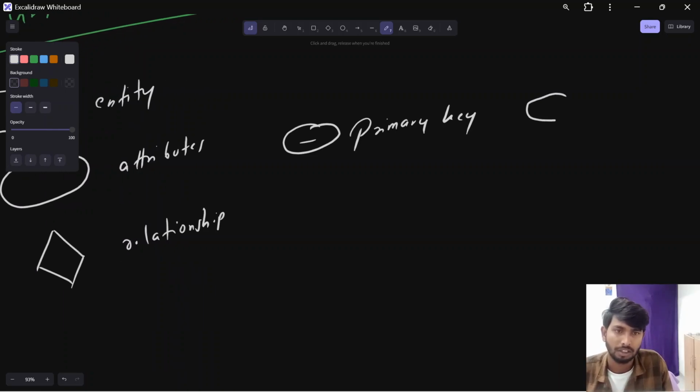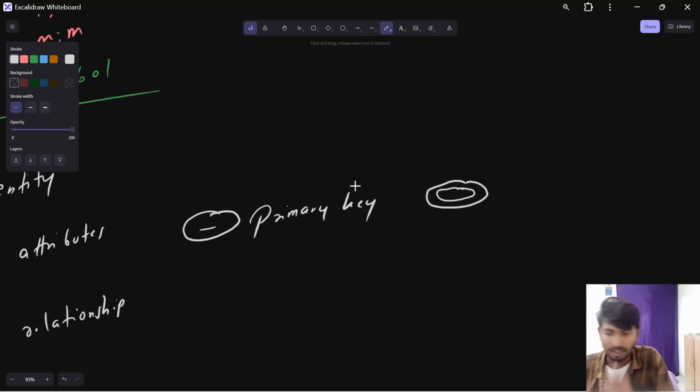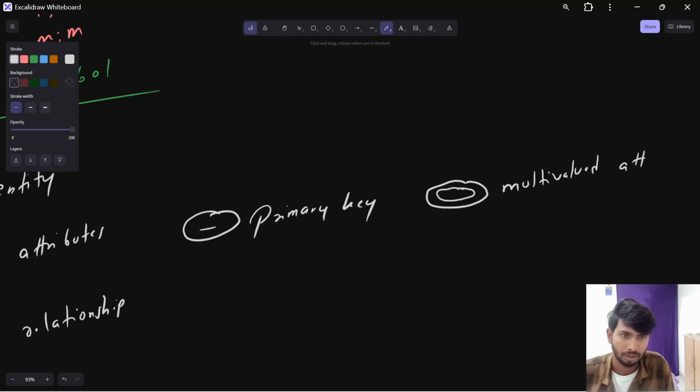One more thing. Double oval, like that circle, it's for multi-valued attributes. Okay.